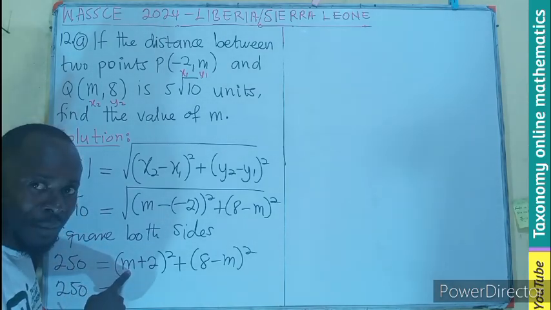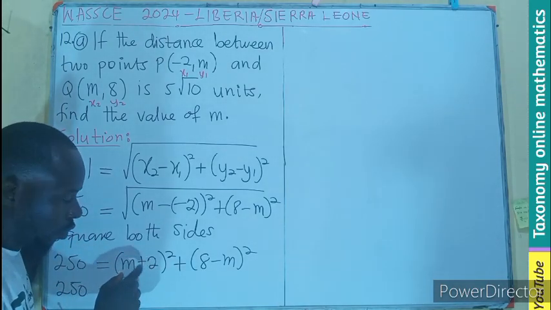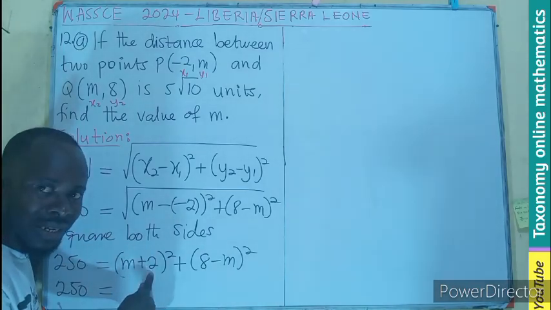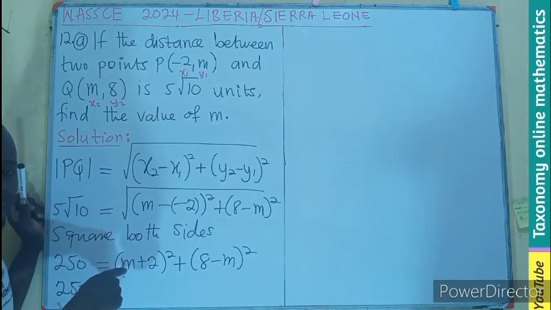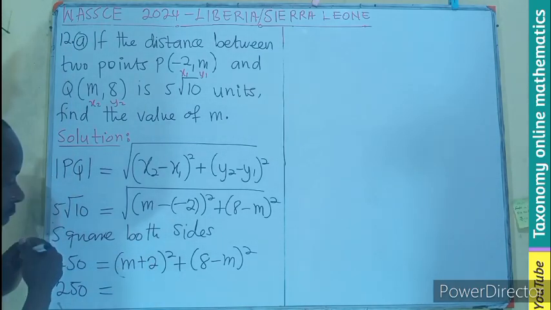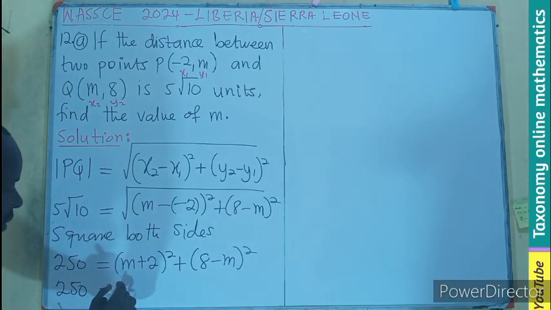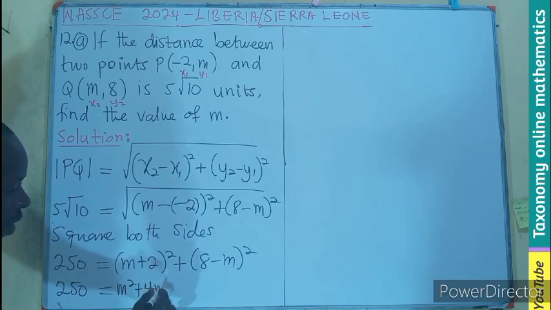We square the first term, find twice the product of the two, that is 2 times 2 times m, that's the second term. Then you square the last term. If you square m, you'll have m squared. The product of the two is 2m times 2, that's 4m. You square the last one, 2 square, 4.